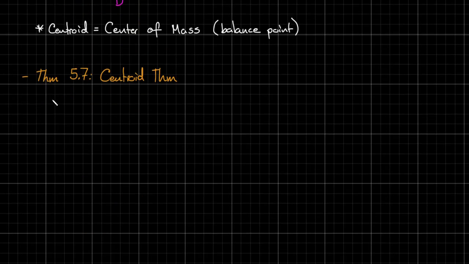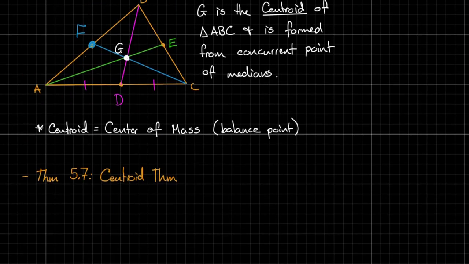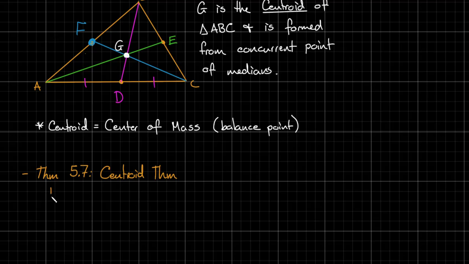Here we go. Given a centroid, and I'll even use this picture here. Given centroid G, which just to clarify, is no different than me saying, if I give you a triangle and there is a centroid, it's the same thing.